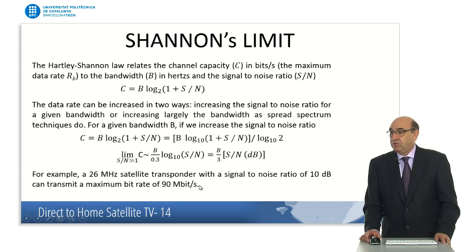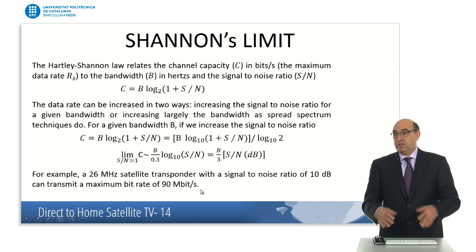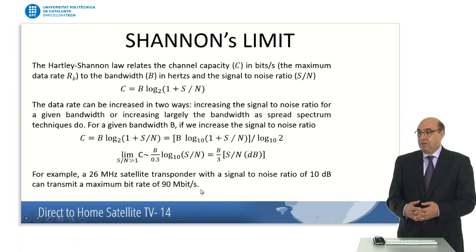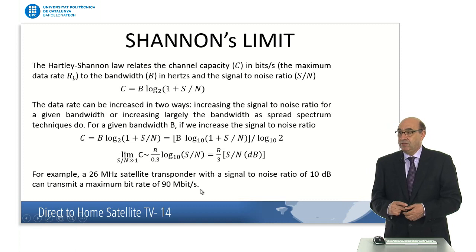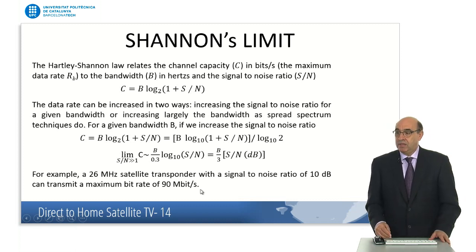And this gives you that with this channel bandwidth and this signal to noise ratio, you can transmit up to a maximum of 90 megabits per second. So this is just your limit. If you go above this limit, then your errors would really become intolerable.